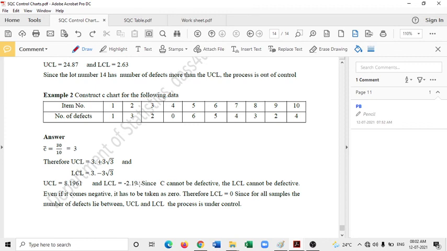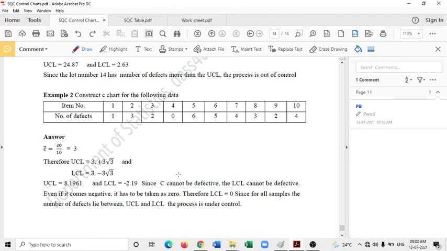Here also we note that this LCL cannot go below 0. Therefore, we have to take it as 0, because this is a number of defects based control chart, so it cannot go below 0.